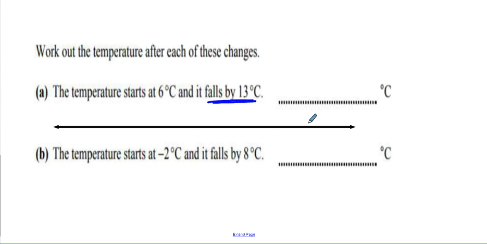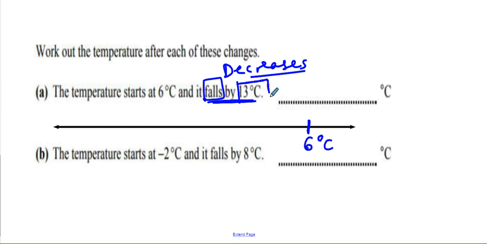So the temperature is here, for example, 6 degrees centigrade, and then it falls. Falls means decreases. Now, to decrease on the number line, that means move on your left hand side. How many units? We have to move 13 steps.